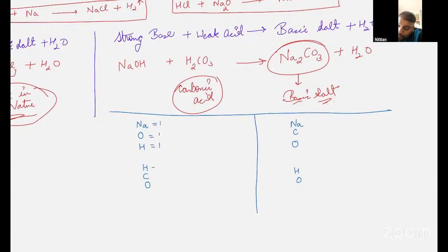Here H is 2, C is 1, O is 3. On the product side, Na is 2, C is 1, O is 3, and H is 2, O is 1. Now I have to multiply by 2. So this will also multiply, this will also multiply, this will also multiply. It will become 2, then 2, and then 2. Did you understand?